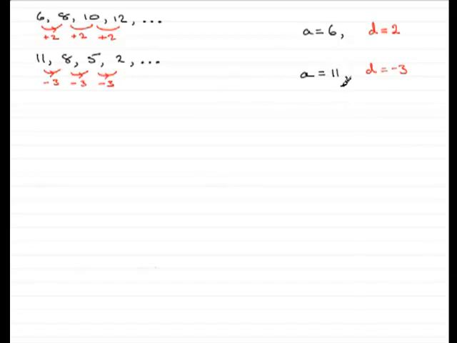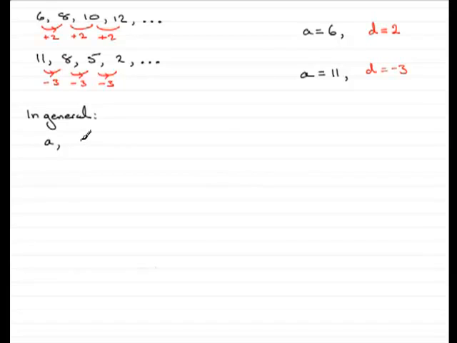Now, what I want to show you in general is a few formulas that we use for finding the nth term and the sum of the first n terms in an arithmetic progression. Now, in general, the first term of the sequence is a, as we've just seen here. And then to get the second term, I would need to add that common difference.